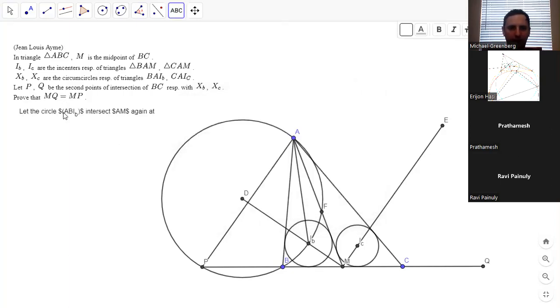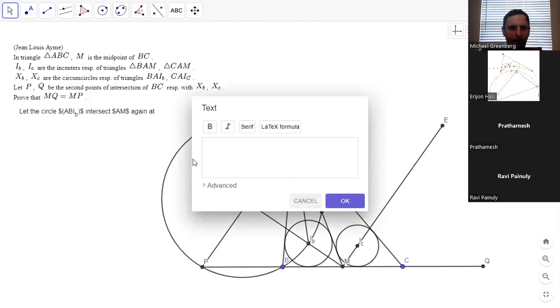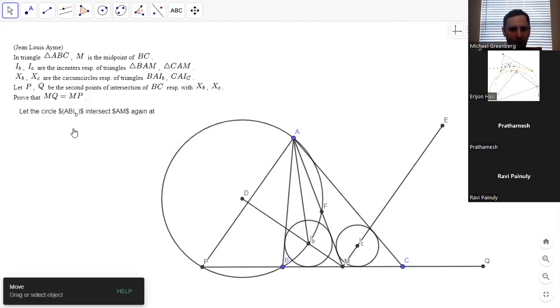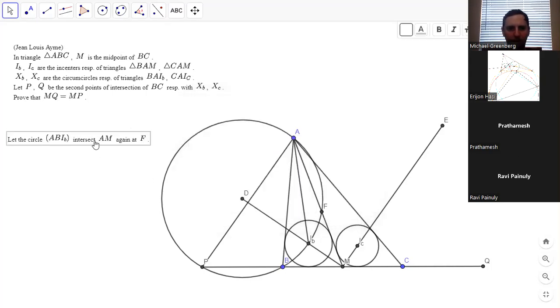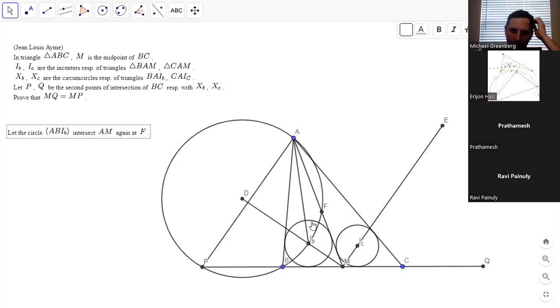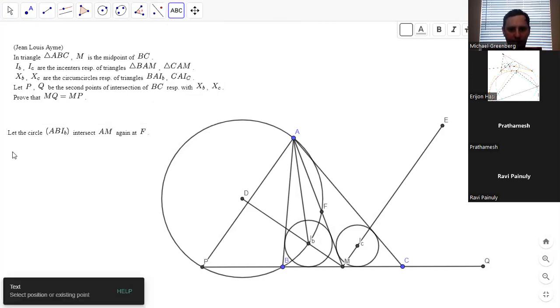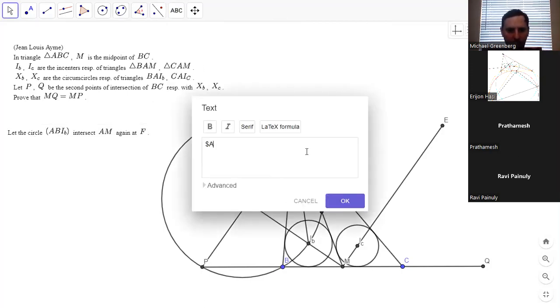F. Okay. So then, since AIB bisects angle BAF, that means that BIB is equal to IBF.